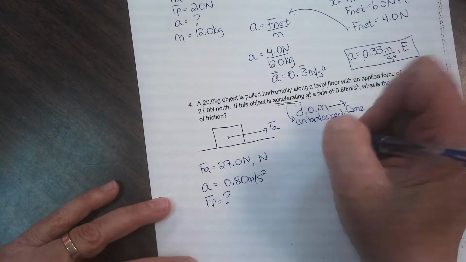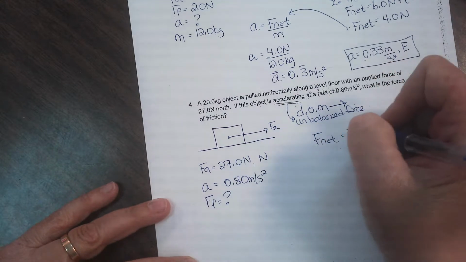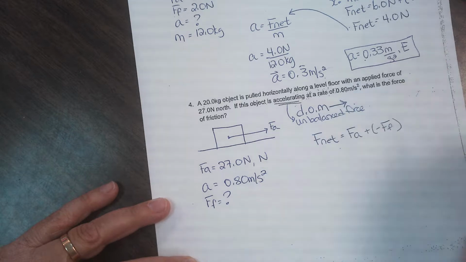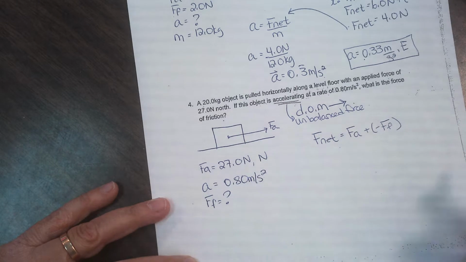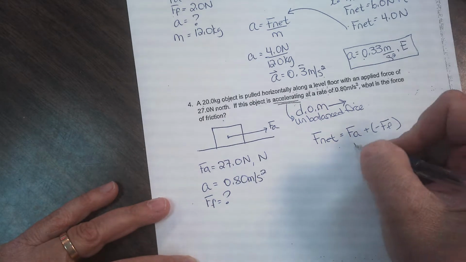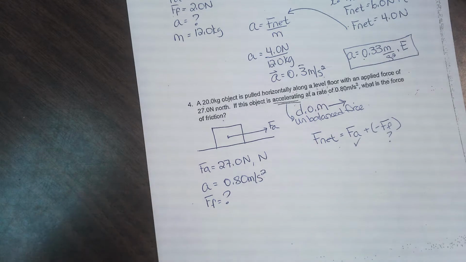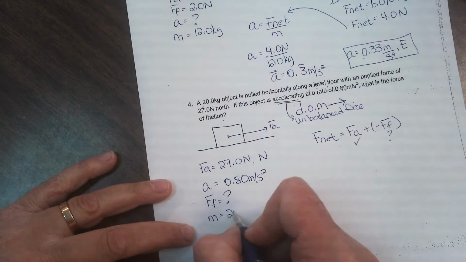Okay, so we know this formula, force net is equal to force applied plus the negative force of friction. That's how we're going to solve this question. What is the force of friction? We have force applied. This is what we're looking for. We also have mass.